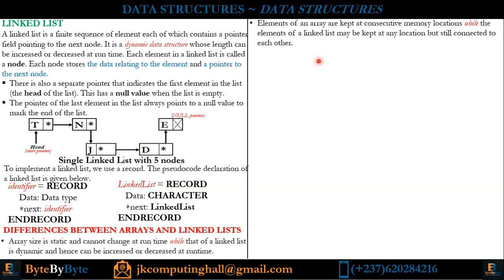Now, for a linked list, this particular element could be stored at 300, while this could be stored at 500, this 700, this 800, and so on. That is what we mean by this difference.